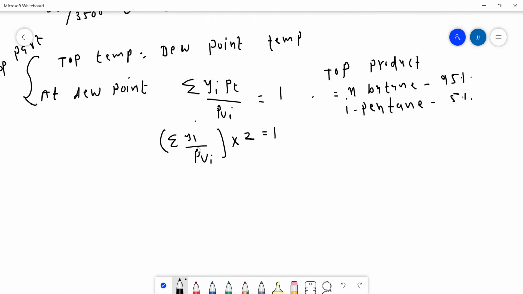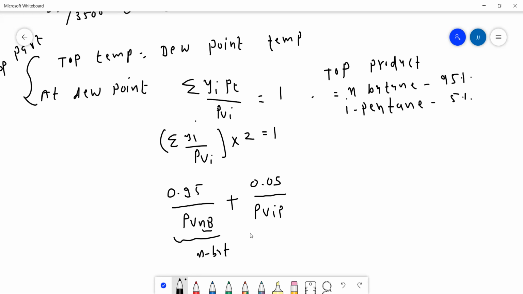Now yi for the individual component: for N-butane, the mole fraction is 0.95 divided by the vapor pressure of N-butane, plus 0.05 for I-pentane divided by the vapor pressure of isopentane, into 2 should be 1.